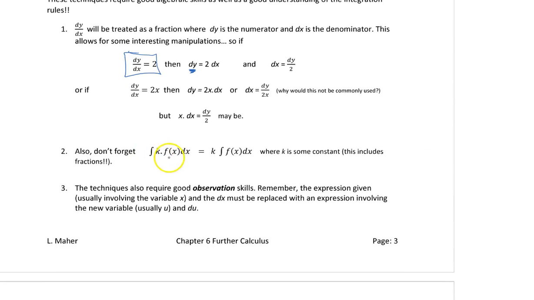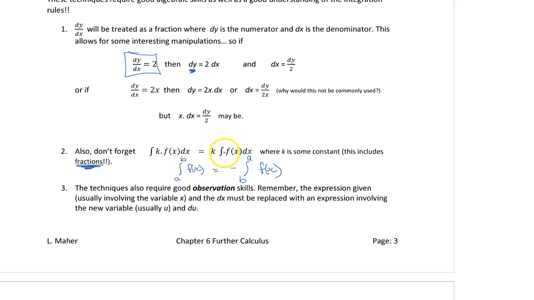Don't forget, this is not so much a technique, it's a little integration rule: if you've got the integral of a constant times a function, you can take the constant out the front, and that constant could also be a fraction. So sometimes it's nice to get the fractions out. It's not so complicated. The other little rule I would remind you of is that the integral from a to b of f(x) is minus the integral from b to a of f(x).